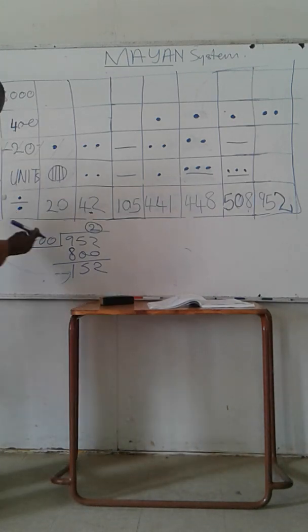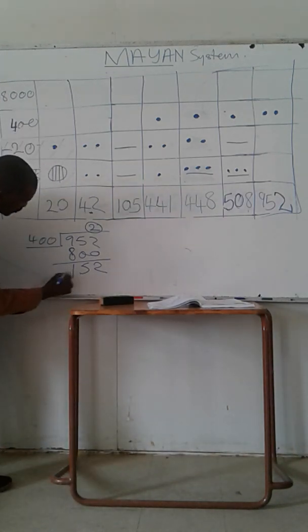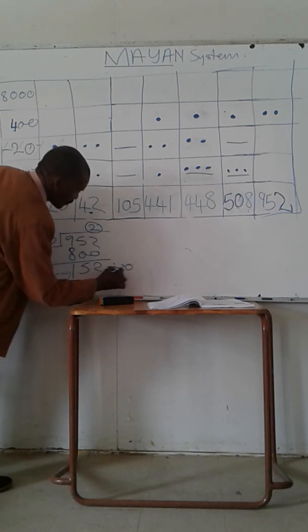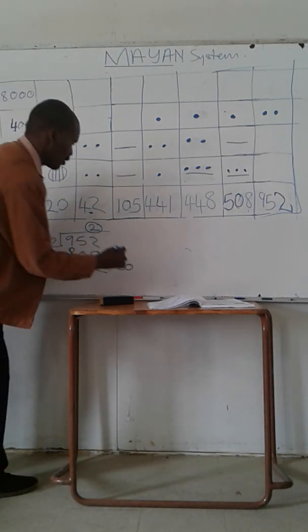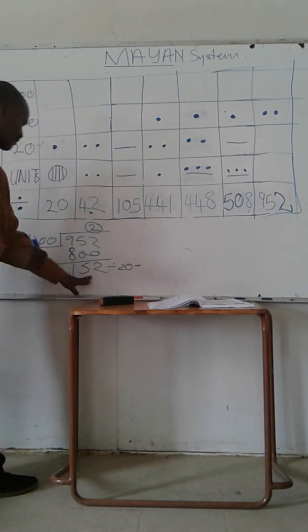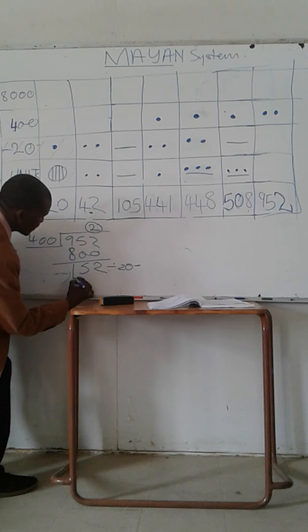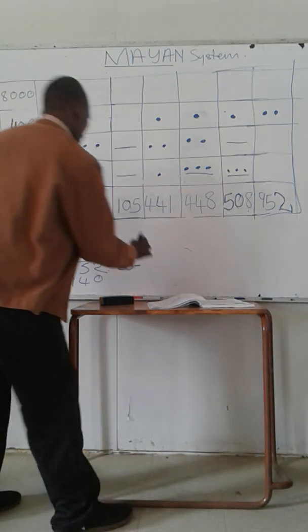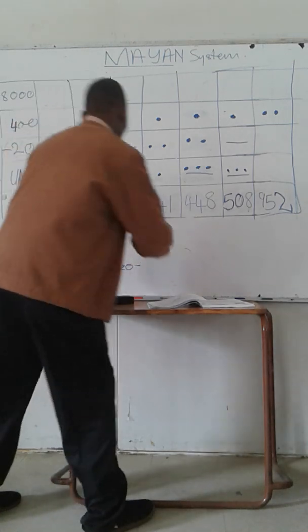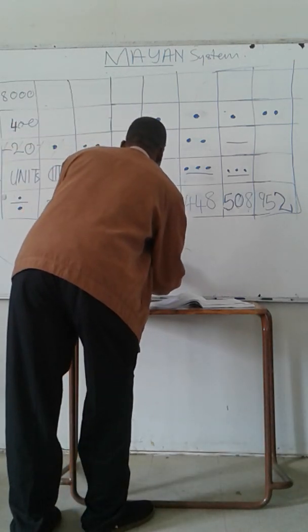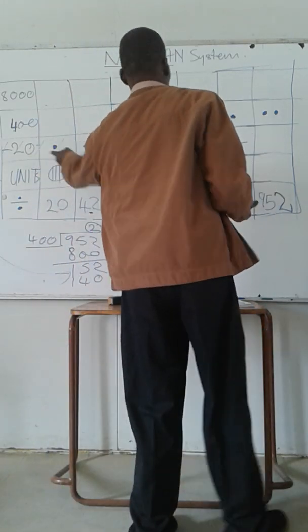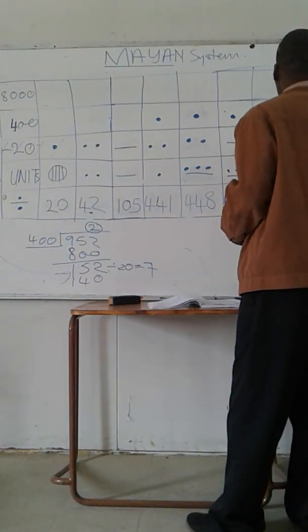So your answer is gonna be 7, because 7 times that is 140. So now you got your 7 as the answer. That 7 is going to come there.